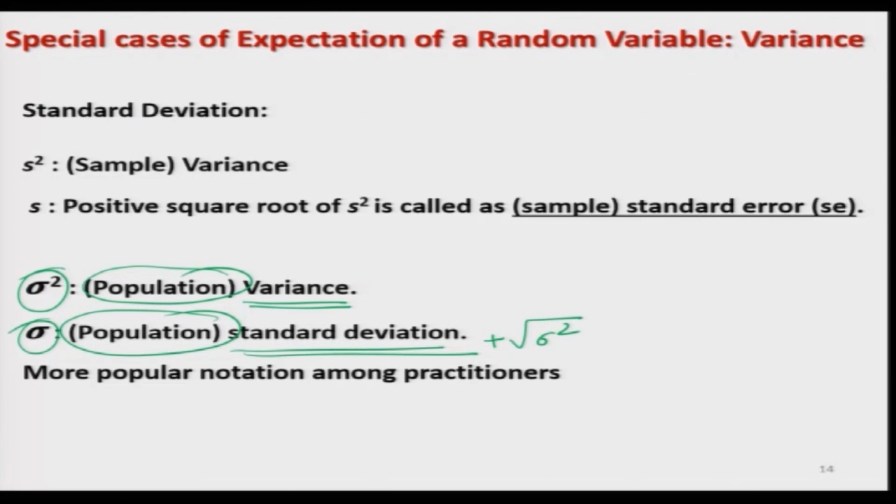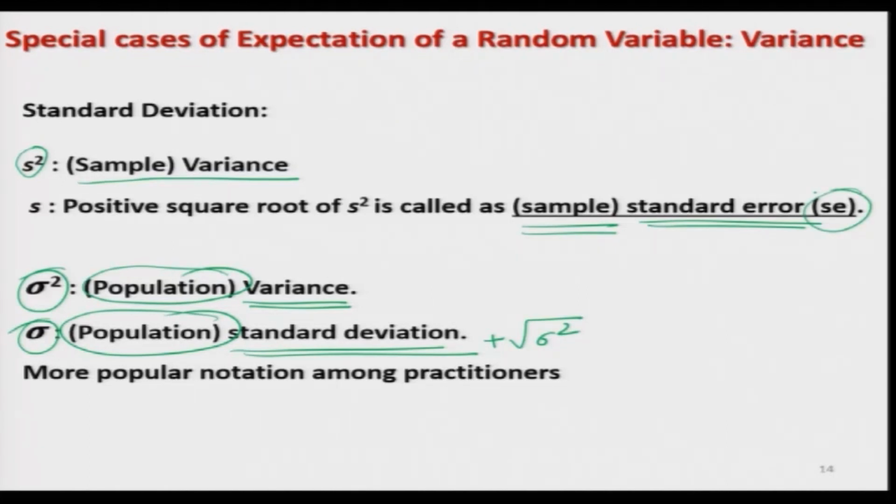So, when we compute this variance on the basis of the given set of data, this is called the sample variance, and we indicate it by s square. When we take the positive square root of s square, this is called the standard error, which is based on the sample, and the short form of standard error is SE.